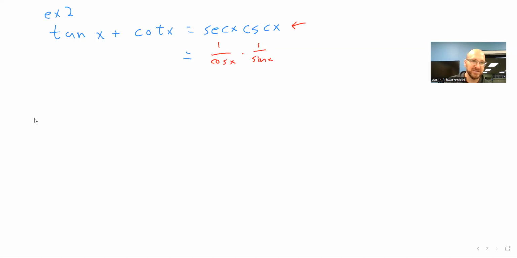And on my left side, tangent is sine x over cosine x. Don't forget the x's. Cotangent is cosine x over sine x. So important here, I need a common denominator, which is going to be cosine x times sine x. Oh, hey, look, that's what that's going to work out to be.